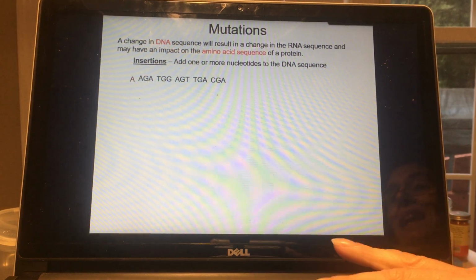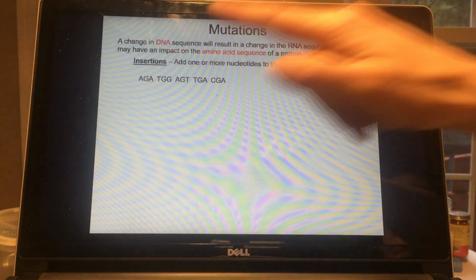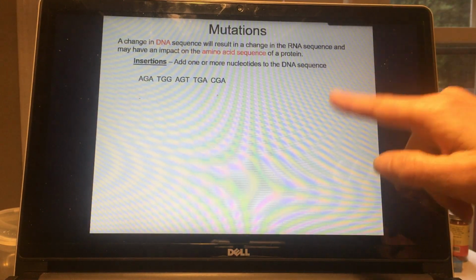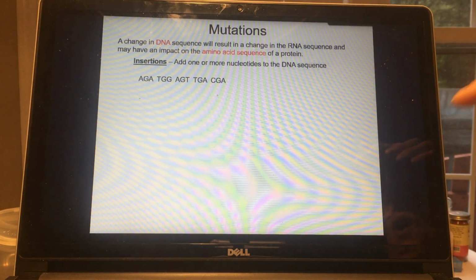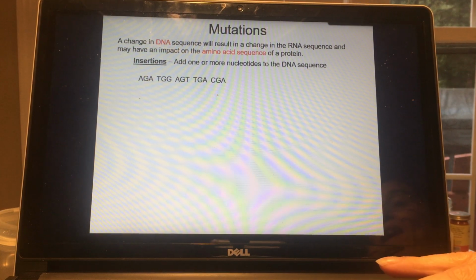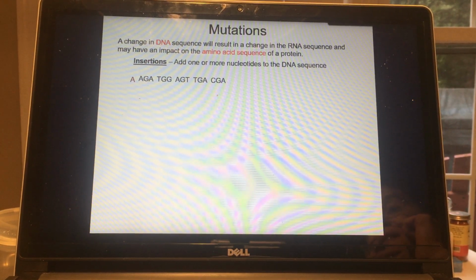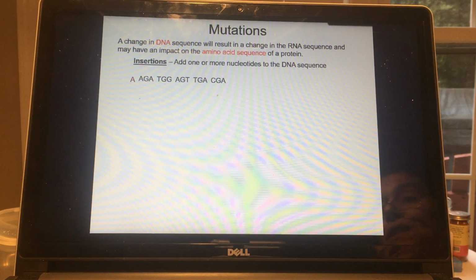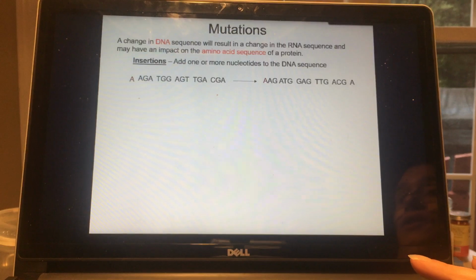A DNA triplet is a group of 3 bases that when it's transcribed actually would be the equivalent of the codon. So you already should know what a codon is. The DNA equivalent of a codon is a triplet. So if you add an extra nitrogen base, it shifts all of your triplets over, which would shift all of your codons over after the insertion.